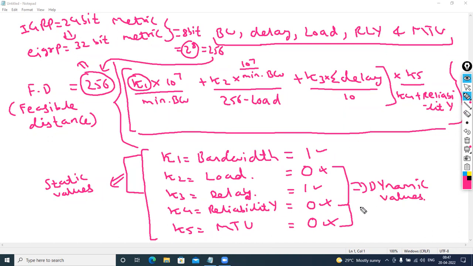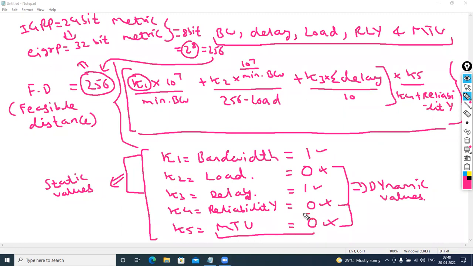What do you mean by dynamic values? MTU can be static, right? MTU is 1500, right? That is again a fixed value. It will not change, correct.